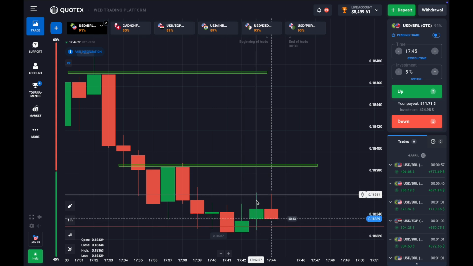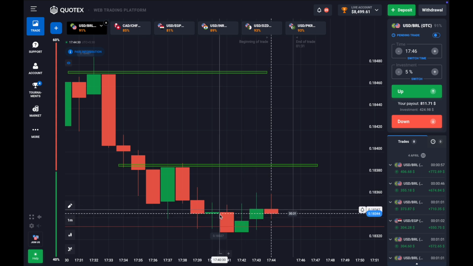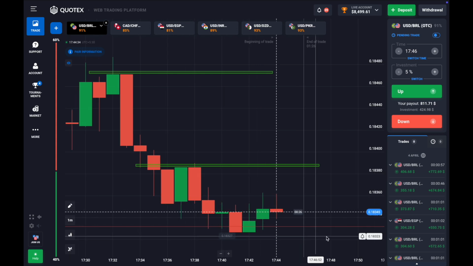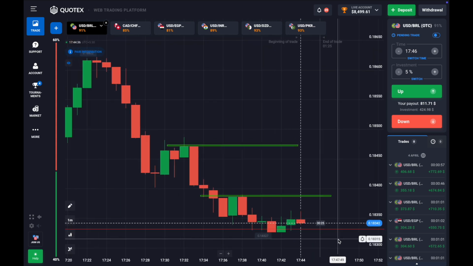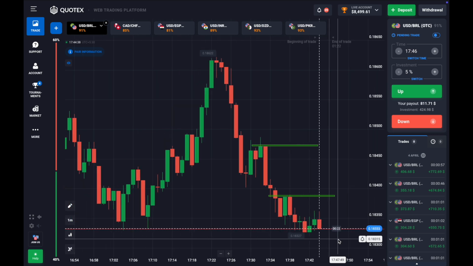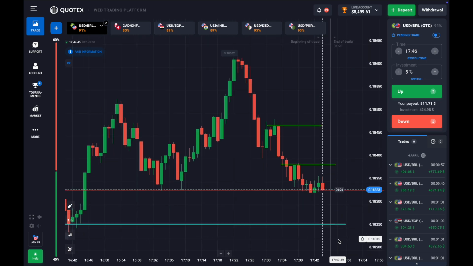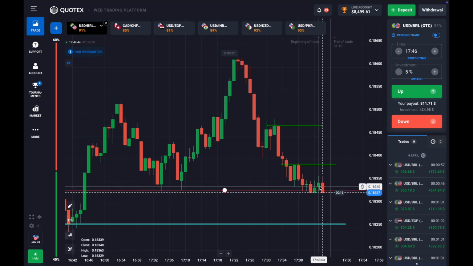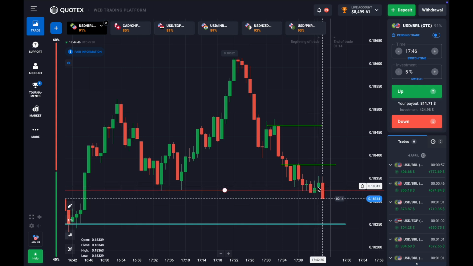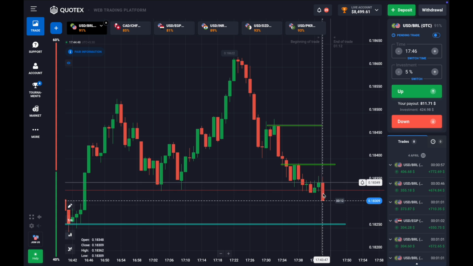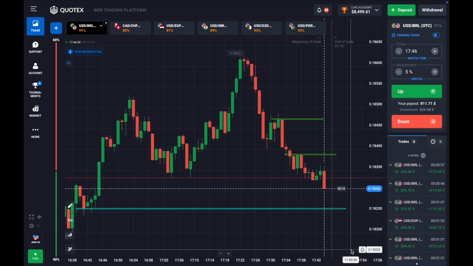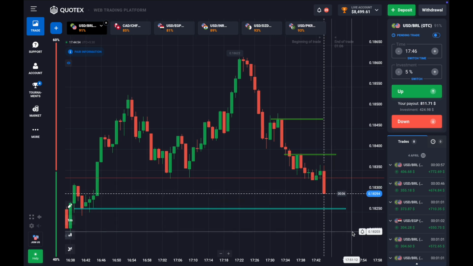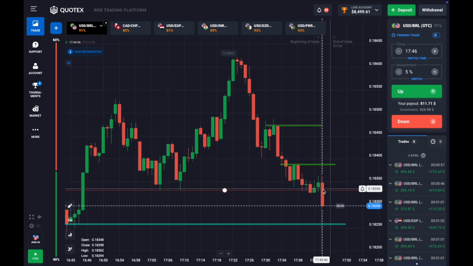The market can break down our SSNR and the market can reverse its direction from bullish to bearish, right? Currently the market was bullish, but if this red candle breaks down, just as I said, this red candle has broken our strong SSNR.